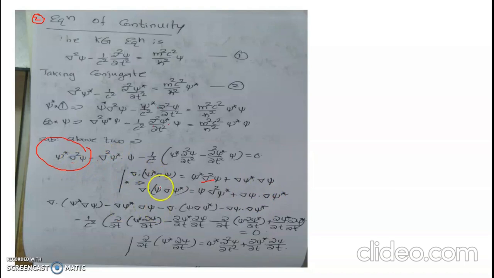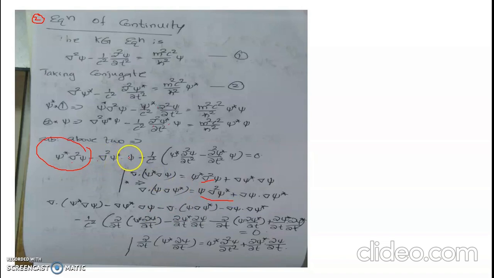Now we replace this term and this term with the help of these two equations. We have psi star del square psi equal to del dot psi star grad psi minus grad psi star dot grad psi. So this becomes del dot psi star grad psi minus grad psi star dot grad psi minus this one, that is psi del square psi star is to be replaced: del square psi star into psi.